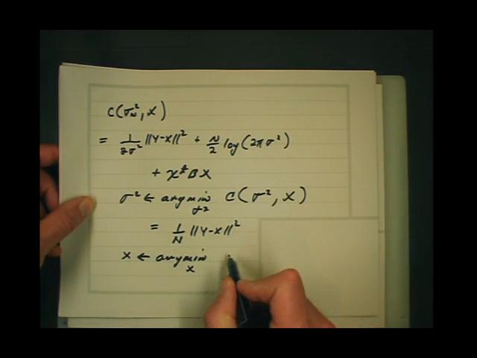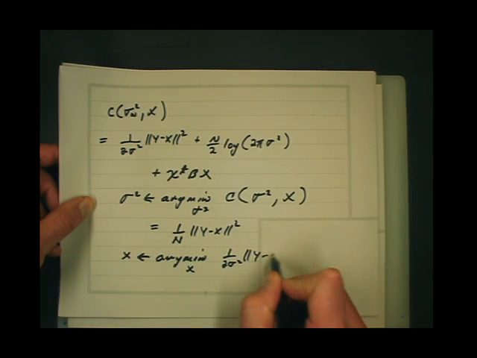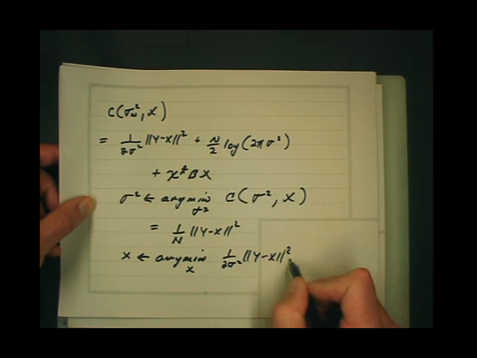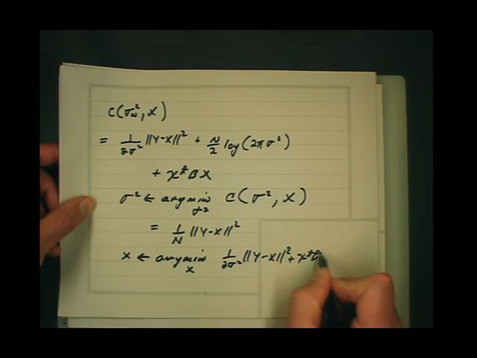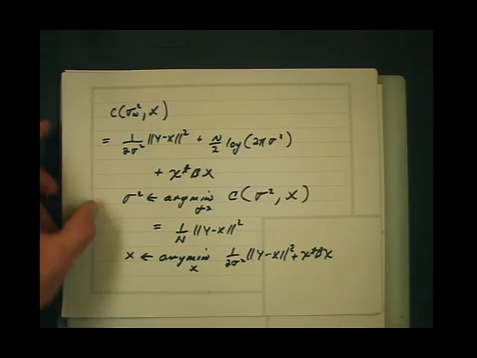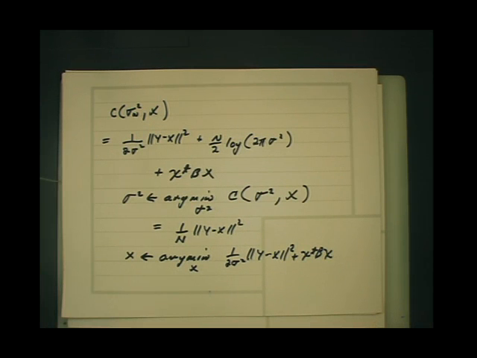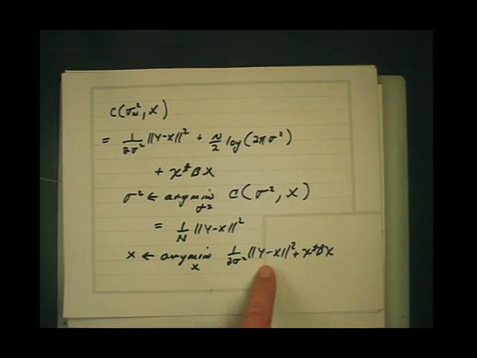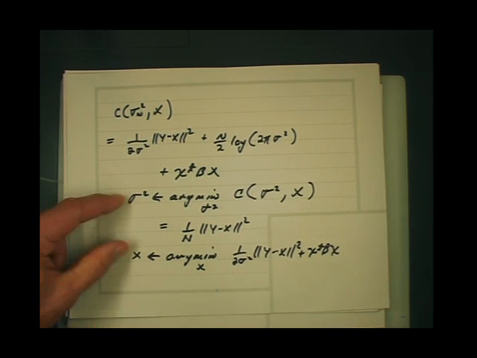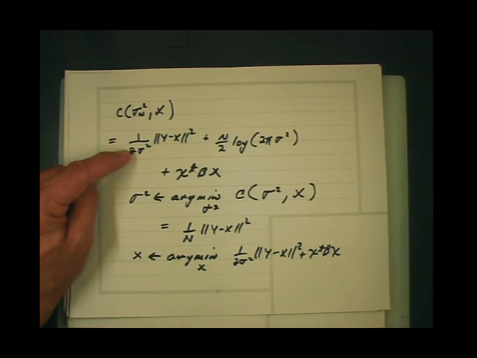So I just put 1 over 2 sigma squared norm of y minus x squared plus x transpose Dx. And so this is the part that we've been talking about here. Both of these steps will make this cost smaller.